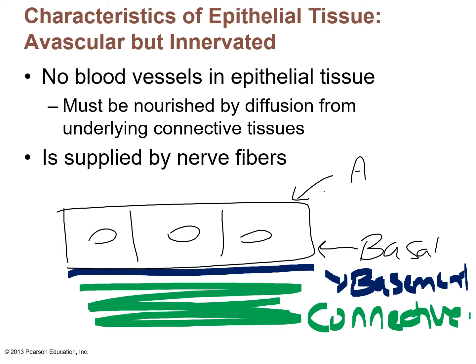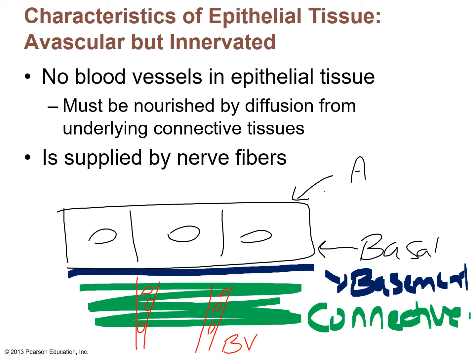And the reason why I have connective tissue underneath it is because connective tissue has a bunch of blood vessels. So let's say those are my blood vessels right here. Now, as we said, blood vessels contain blood cells, nutrients, and gases. So let's say those are my nutrients within my blood vessels.